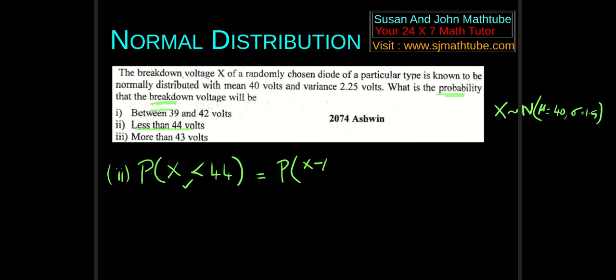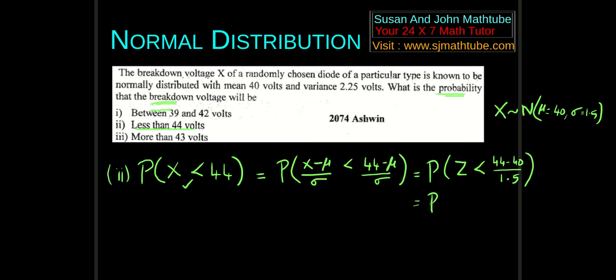First, subtract mu on both sides. Then divide by the positive quantity sigma. So you get probability of Z less than 44 minus 40 by 1.5.